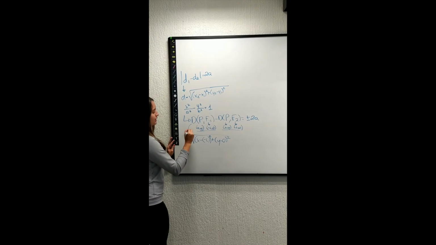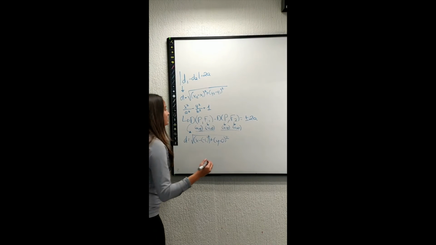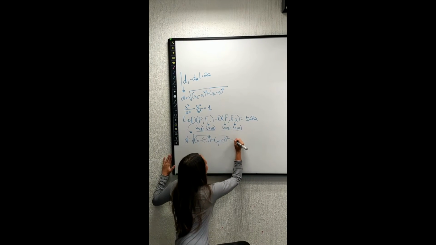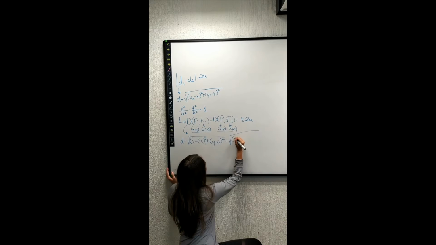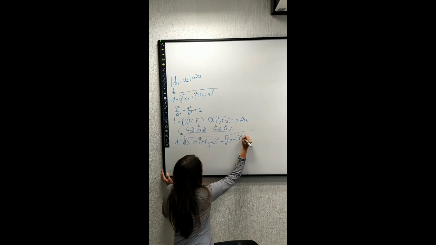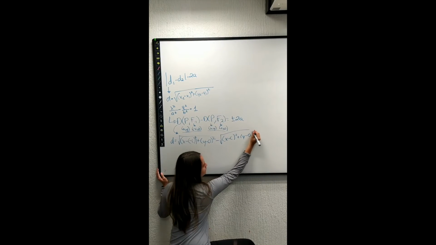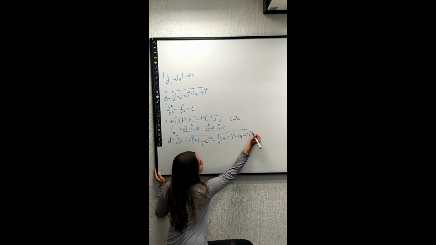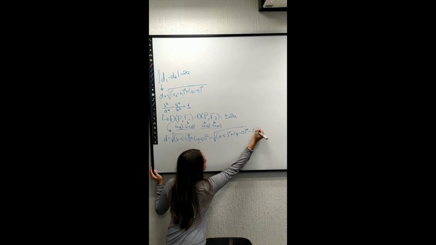We have this distance and we are going to do the other distance, that is minus the square root of x minus c squared plus y minus 0 squared. This is equal to plus minus 2a.